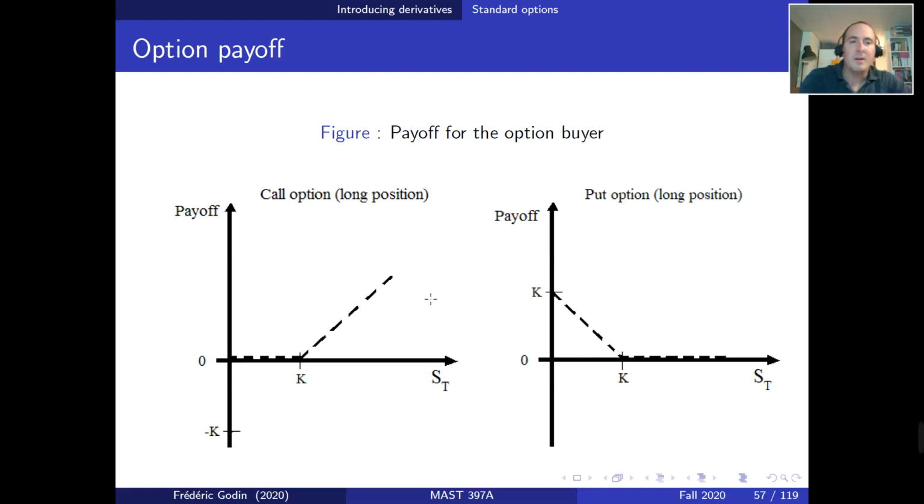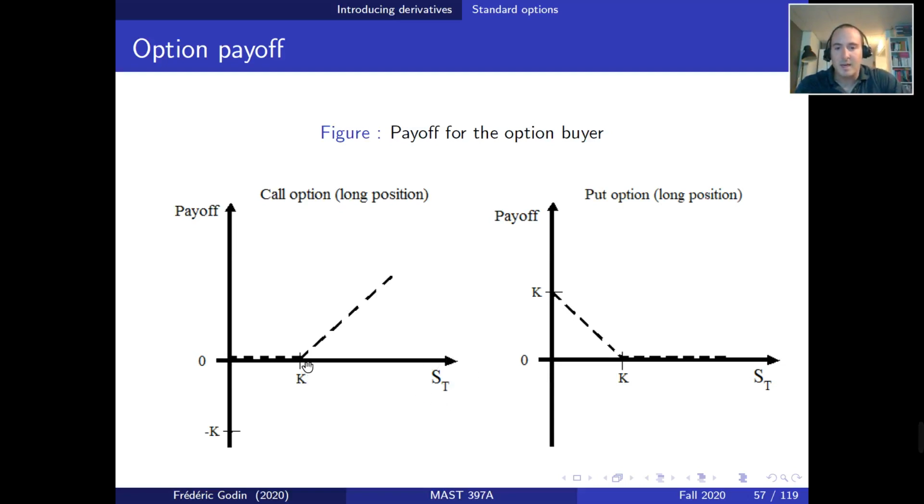Okay, so here we graphed the payoff for the buyer of a call option and the buyer of a put option. Let's say this is a European call option. We said that the payoff is equal to the maximum between 0 and S_T minus K. On this axis it's S_T.